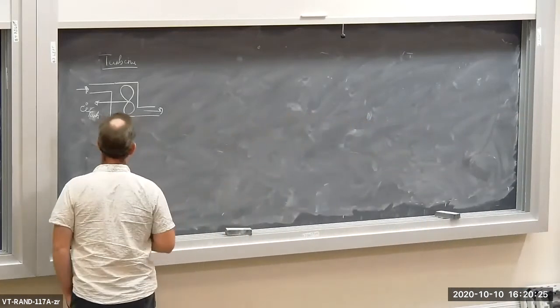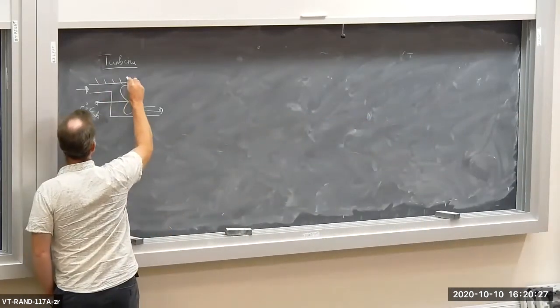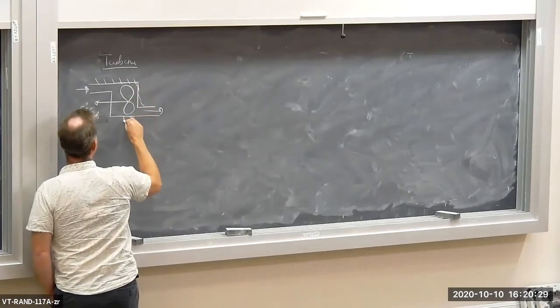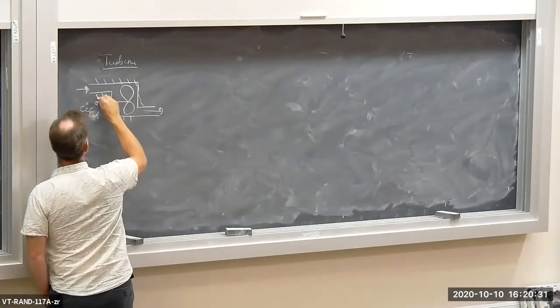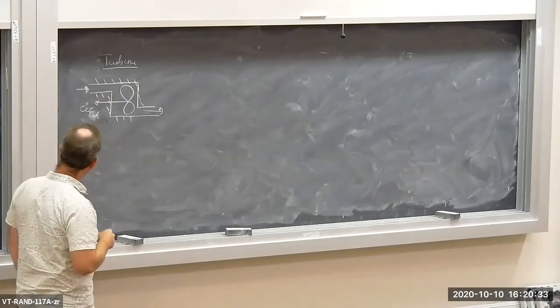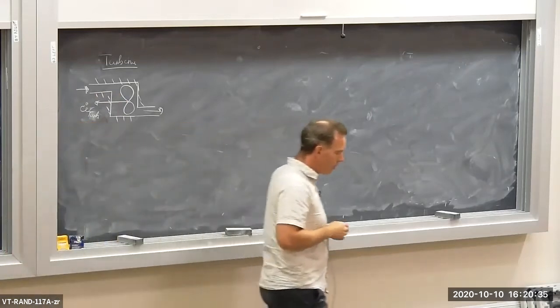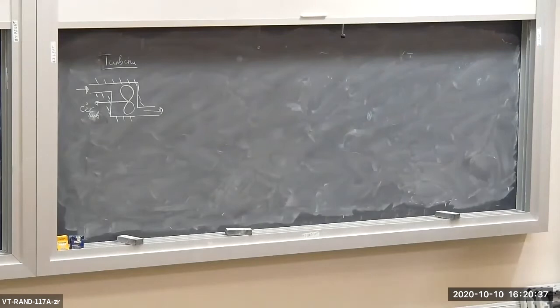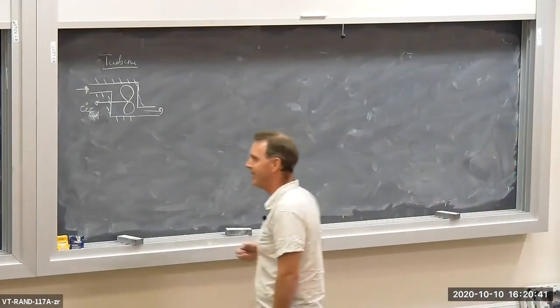Now, let's say this turbine is adiabatic. So no heat transfer. Okay? And this turbine also is not only adiabatic, but it may contain irreversibilities. So there may be some entropy being generated inside.